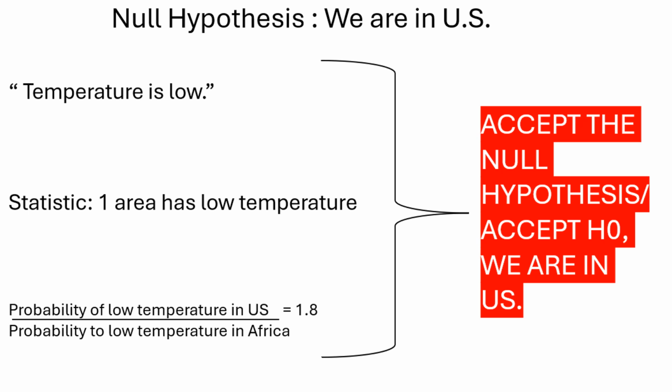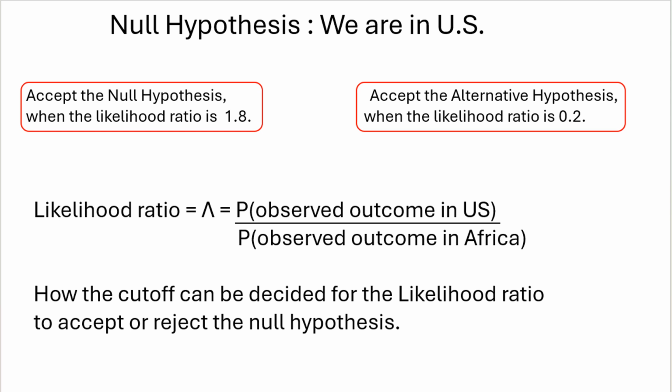Now these ratios, which lead us towards the decision whether to accept or reject the null hypothesis, are the likelihood ratios, and the tests designed keeping these ratios in mind are termed likelihood ratio tests. We have the null hypothesis that we are in US.